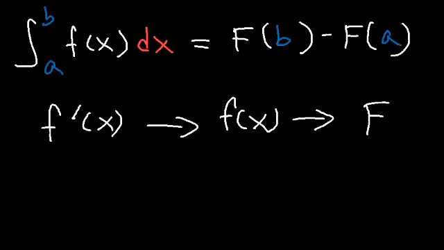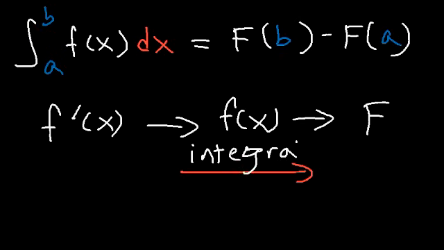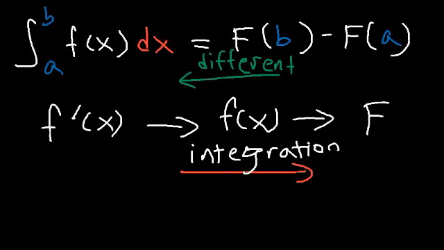So as you travel towards the right, it's integration or anti-differentiation, and as you move towards the left, it's differentiation, which is the process of finding the derivative. So make sure you understand the difference between those symbols. Whenever you see capital F, it's the antiderivative of lowercase f.